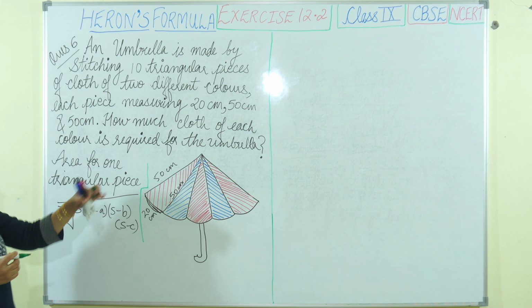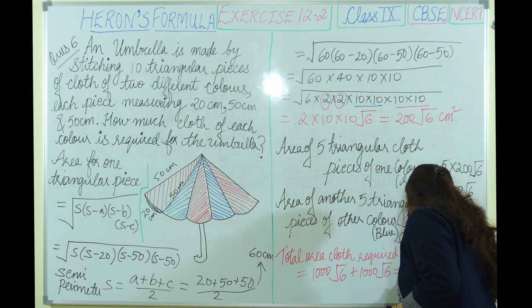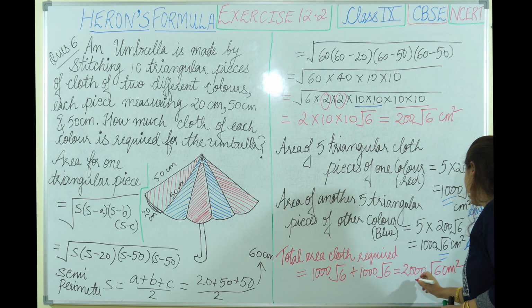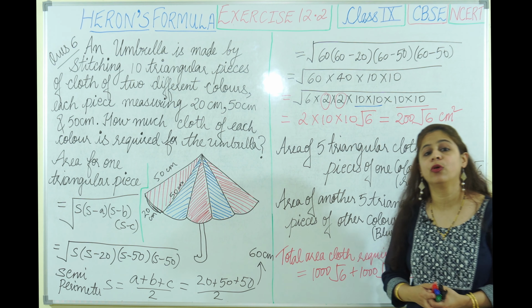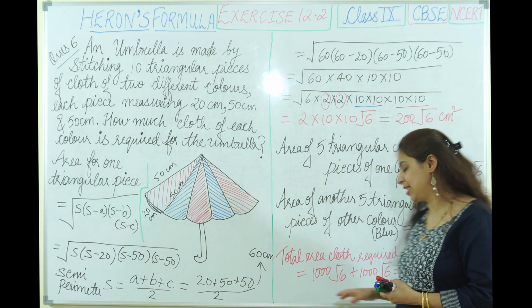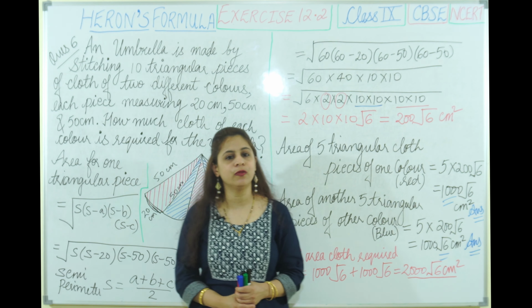So it will be 1000 under root 6 plus 1000 under root 6, which gives 2000 under root 6 centimeter square. This is not part of the question, but in case you are asked in the examination, you can easily find it out. In this manner, we need to solve such types of questions.